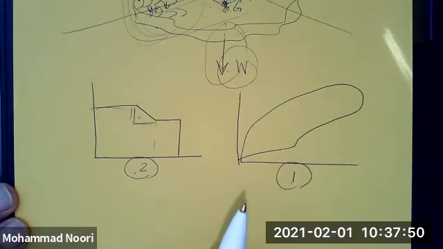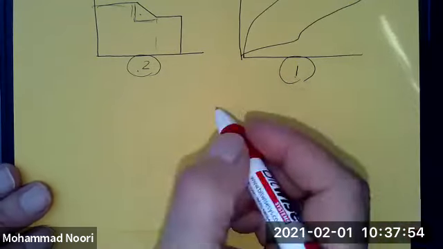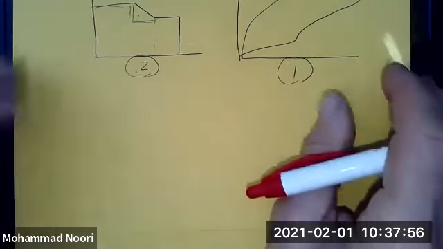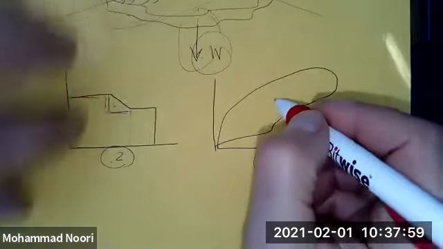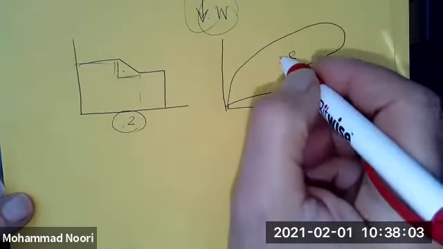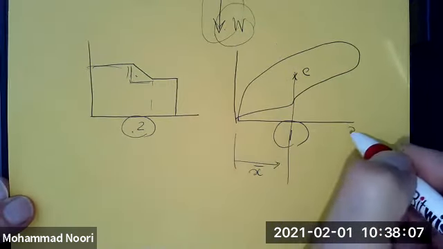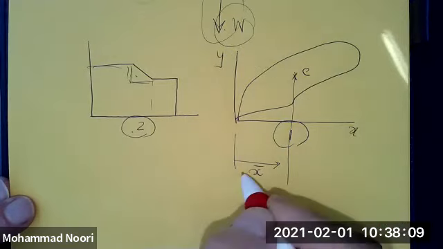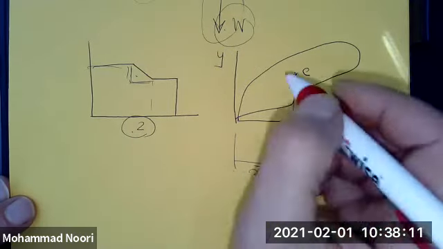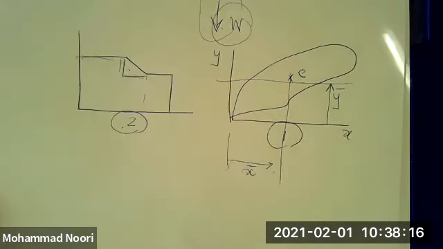Starting with this one, which is a general shape, the objective is this. We want to locate the centroid of this. That is, you want to find the location of this with respect to the y-axis, which is the distance from that. We call that x bar. And from the x-axis, we call that y bar.